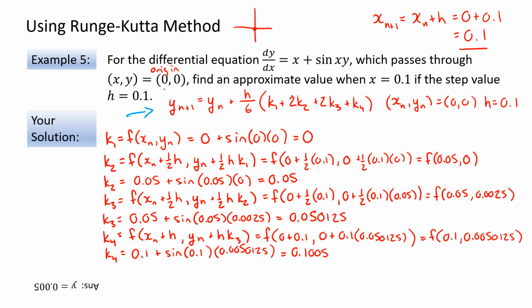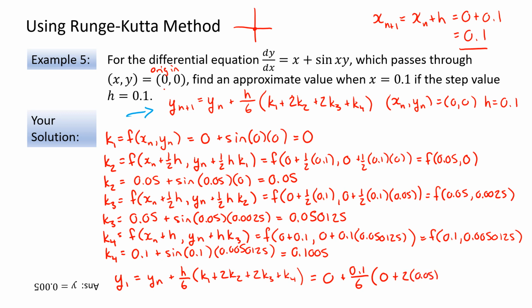Okay? So we have our 4 values of k. Now we can simply find our next point. So we get y1 is equal to our original value of y plus h divided by 6, or our step value divided by 6, times k1 plus 2k2 plus 2k3 plus k4, which is equal to y0, which is 0, plus our step value, 0.1, divided by 6, times all of our values for k. k1 was 0, plus 2 times k2, which is 0.05, plus 2 times k3, which is 0.050125, plus k4, which is 0.1005.